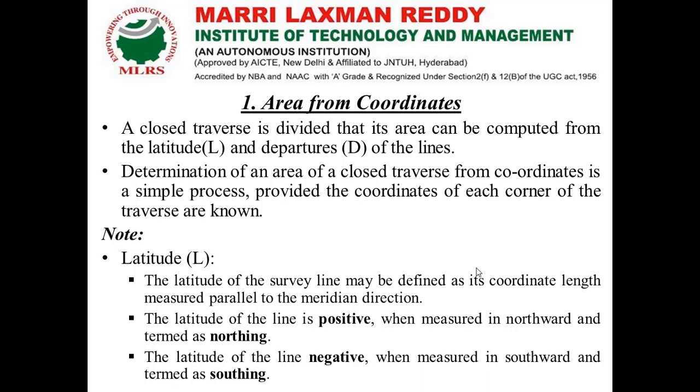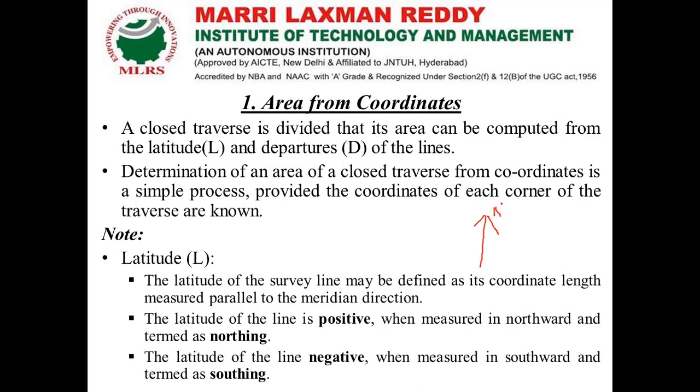Now, what is latitude and what is departure, that we can discuss first. What is latitude? Any survey line measured parallel to the meridian direction is called latitude. That means, this is our north in the compass.